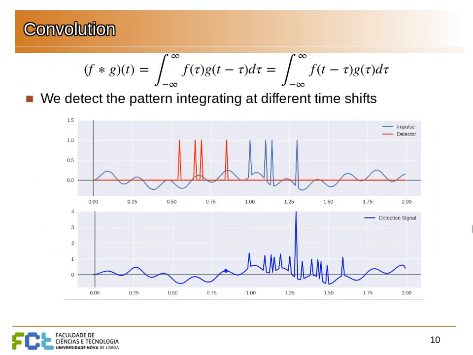And now we compute the integral of this product with one of them inverted as a function of time. You can see that at this time, when the pattern we want did not appear yet, we don't have much of a signal in the convolution. But when we start getting overlaps, we start having peaks on the convolution, and the highest one corresponds to when the pattern appeared in our signal.